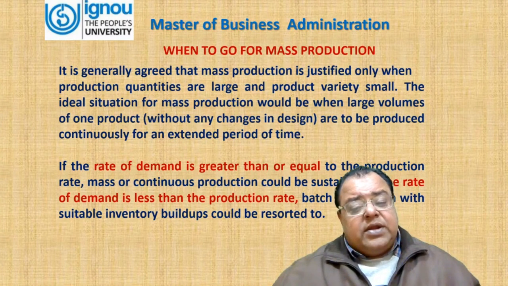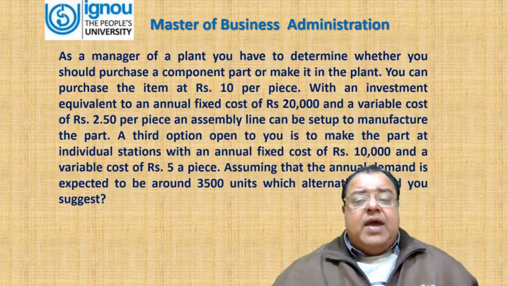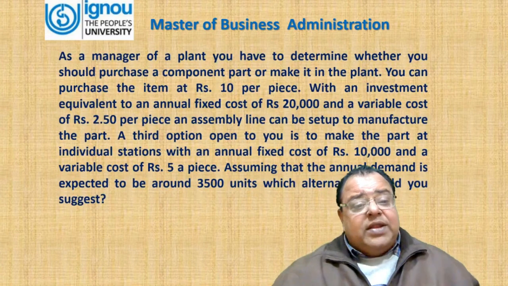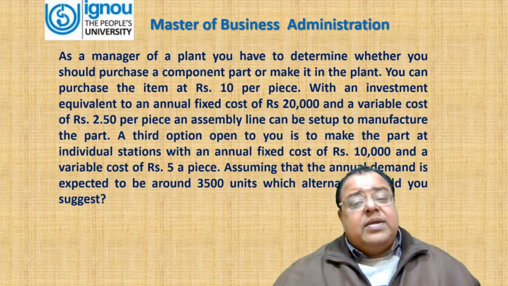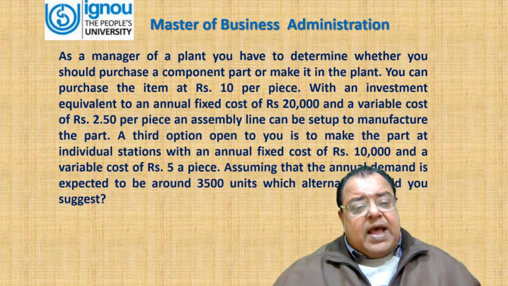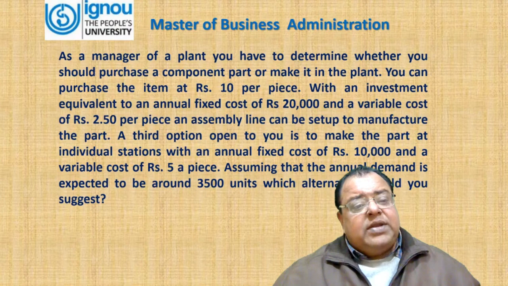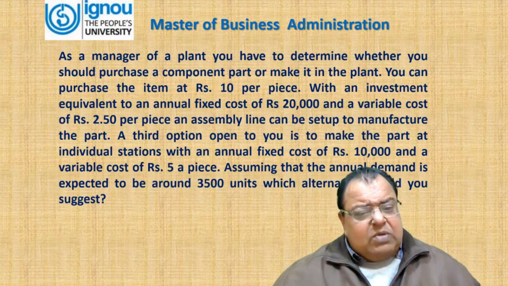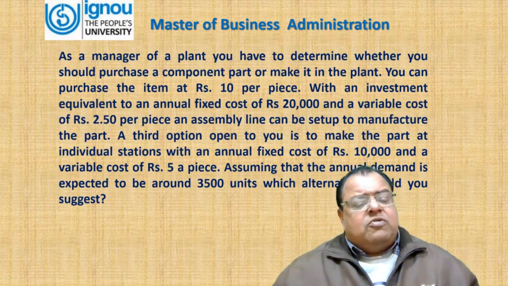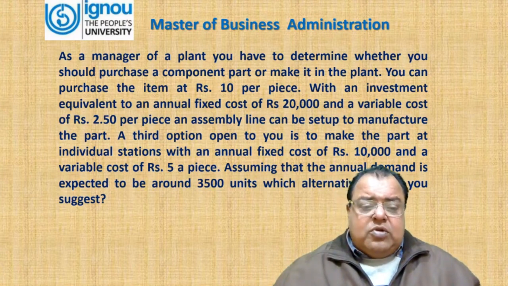As a manager of a plant, you have to determine whether you would purchase a component part or make it in the plant. You can purchase the item at rupees 10 per piece with an investment equivalent to an annual fixed cost of rupees 20,000 and a variable cost of rupees 2.5 per piece.